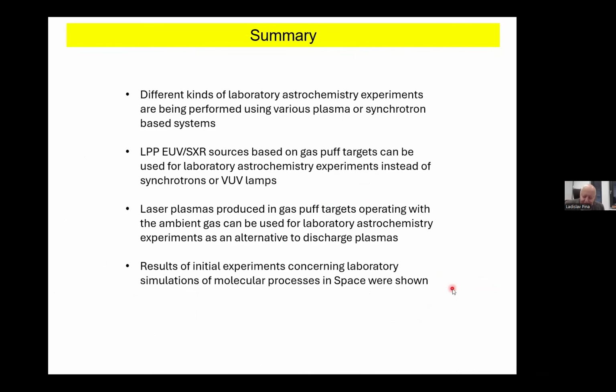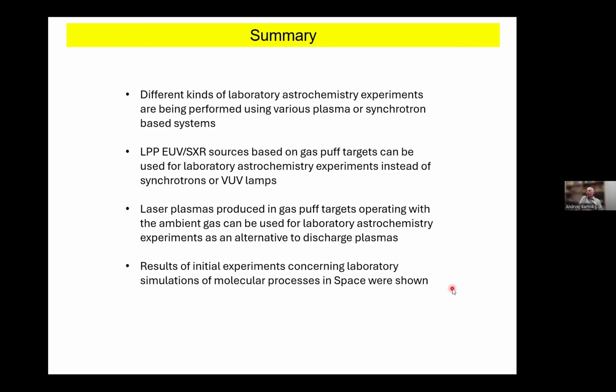So, I would like to summarize. Usually laboratory astrochemistry experiments are performed using plasma or synchrotron-based systems, but laser-produced plasmas, especially EUV or soft X-ray sources based on gas puff targets, can be used for laboratory astrochemistry experiments instead of synchrotron or UV lamps.